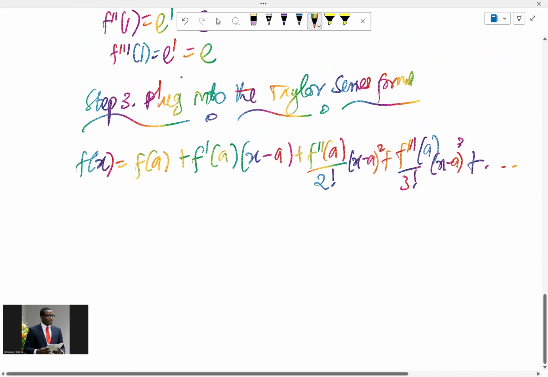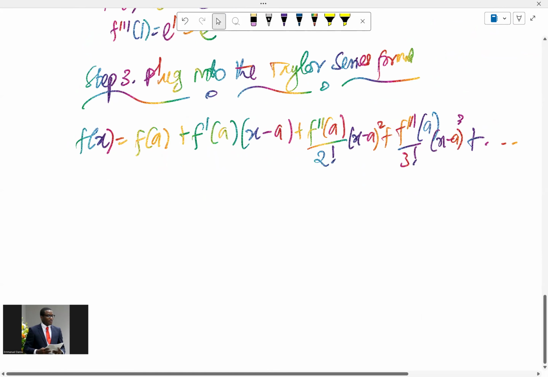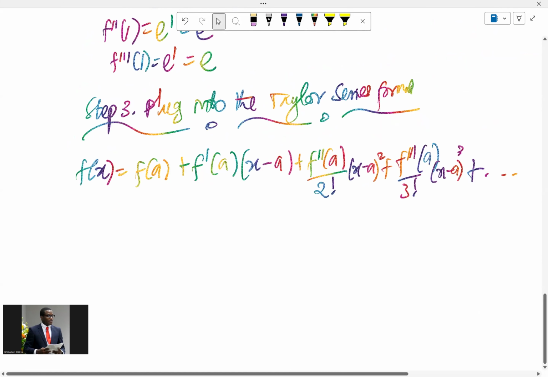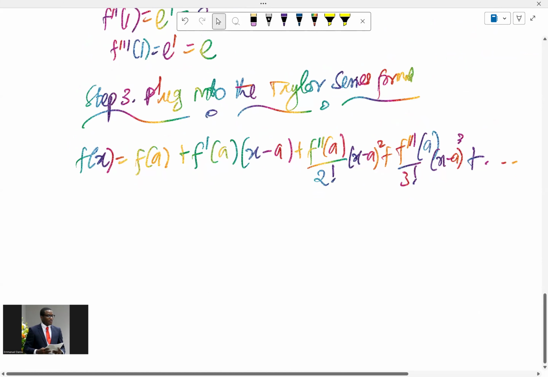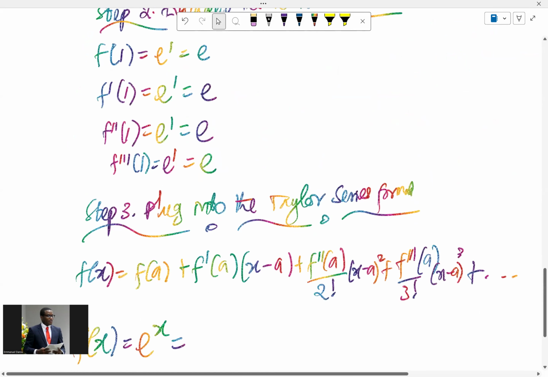So if you are applying this in this case, we're dealing with f of 1. We can say that f of x, which is e raised to power x here, is f of a, which is f of 1 in our case.